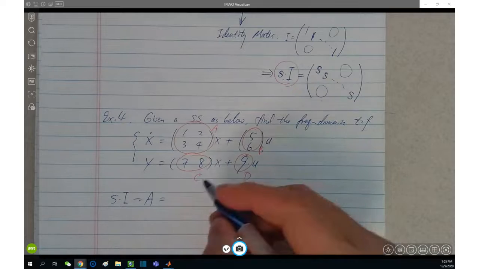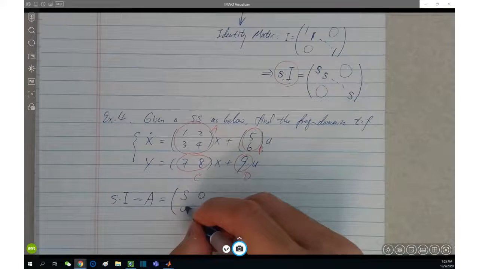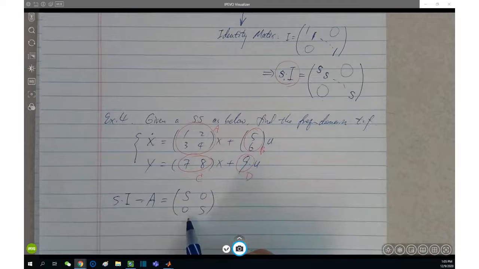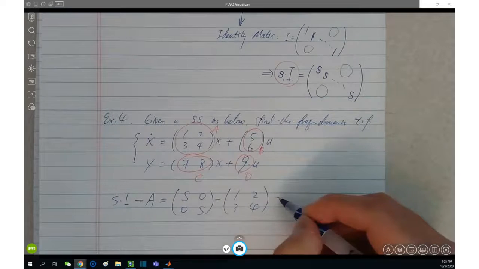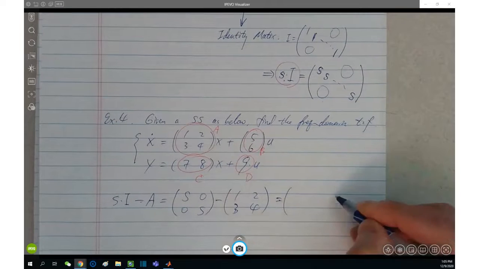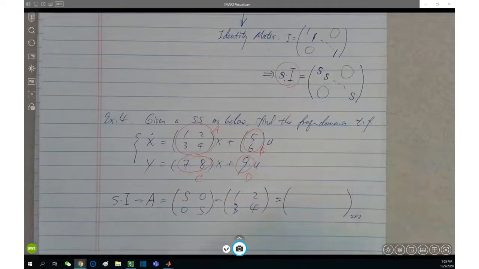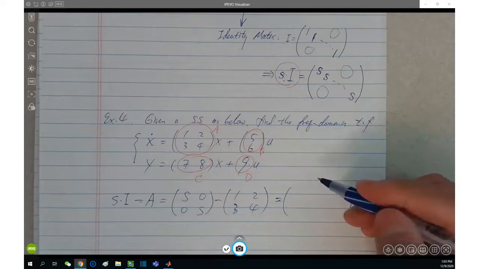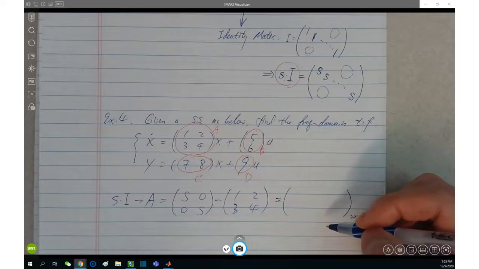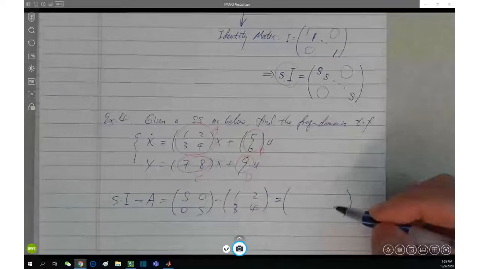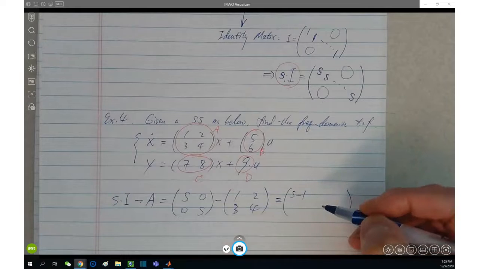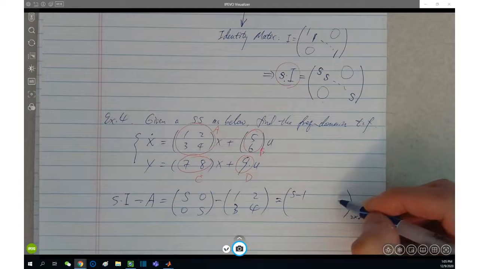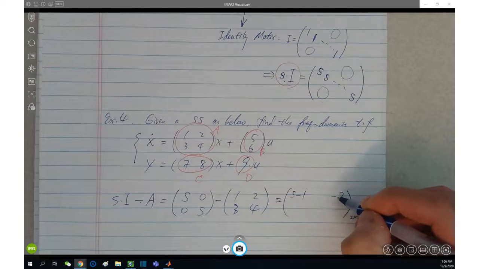So S times I minus A, which is 1, 2, 3, 4, equals a 2 by 2 matrix. The first entry just equals the subtraction between the two entries in the two matrices: S minus 1. The entry here is minus 2, right?